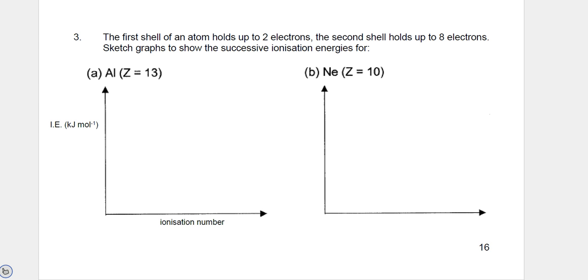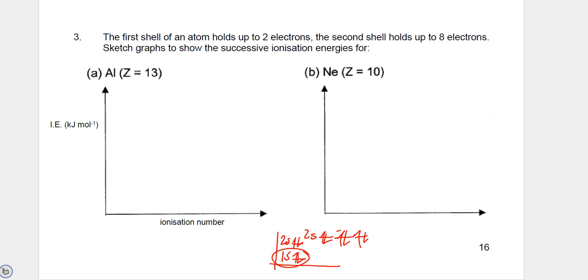Now, the mistake that people make when they draw graphs such as these is we've been drawing graphs like this before, where we put electrons into orbitals in subshells and so on. And the 1s is down at the bottom.